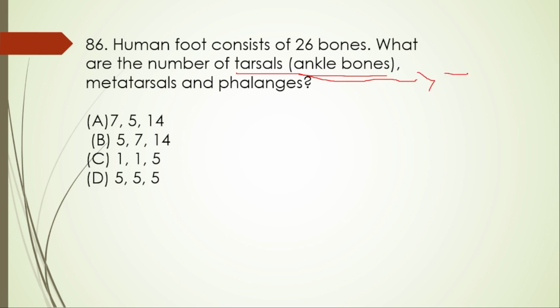How many are they? 7. If you are talking about metatarsals, they are 5, and phalanges, they are 14. So 7, 5, 14. The right option is option A. They equal 26 bones.